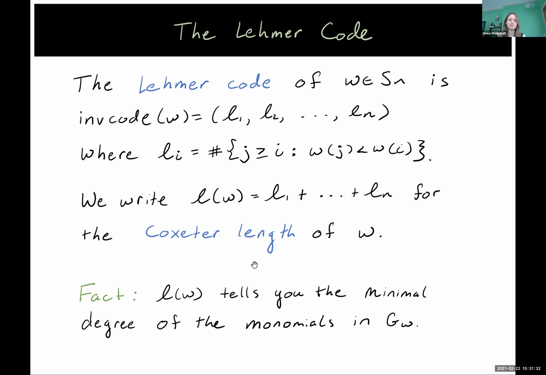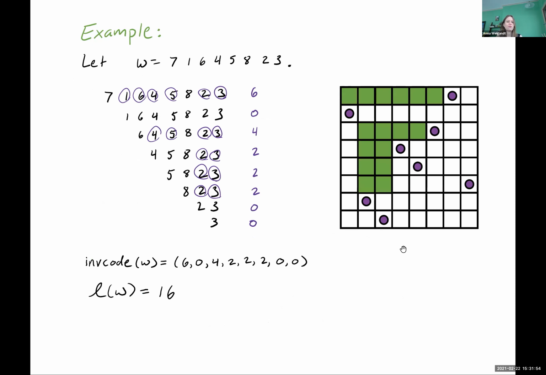It has a lot of different properties. But one thing that this does is the Coxeter length of w tells you the minimal degree of the monomials in your Grothendieck polynomial. Now, that wasn't the statistic we were looking for necessarily, but that's something that it does. So let's just look at an example.